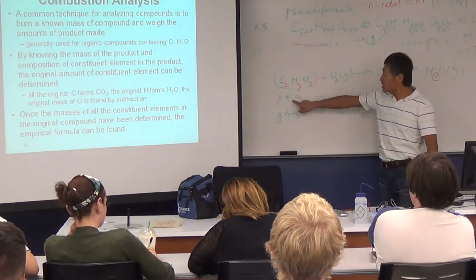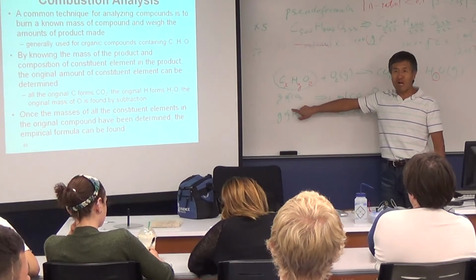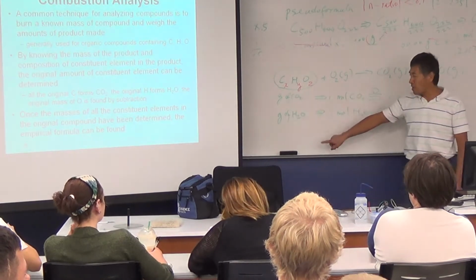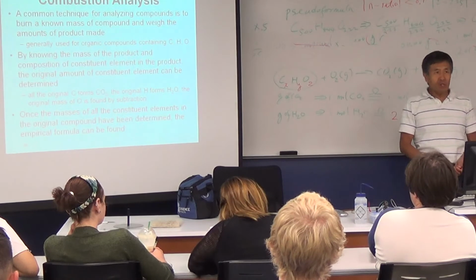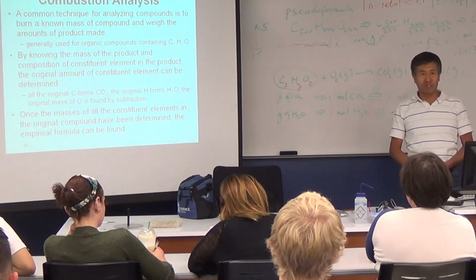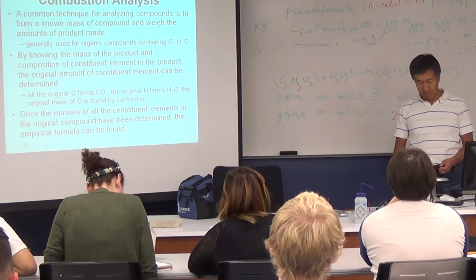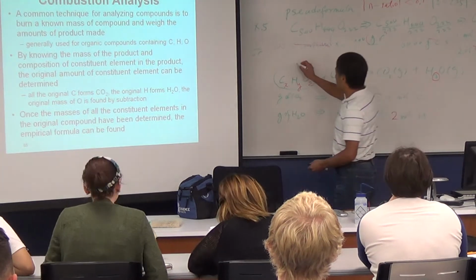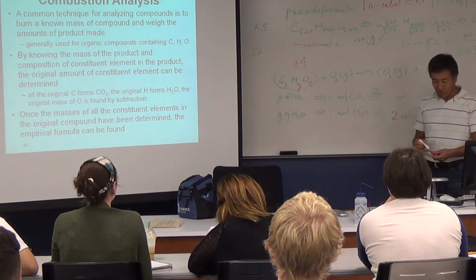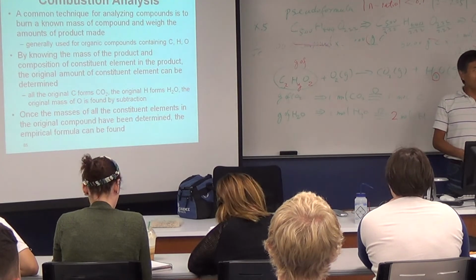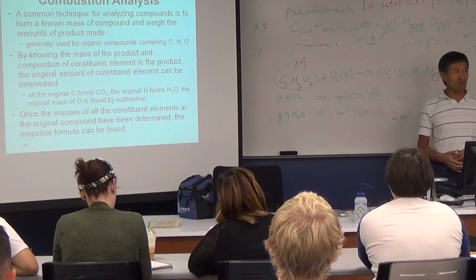So I will give you these two pieces of information. I will tell you how many grams of CO2 you produce, how many grams of water you produce. Another piece of information is how many grams of the compound you start with. Okay, so you will know the gram of this compound. Even though we don't know exactly the formula yet, I will tell you how many grams of the compound I use.